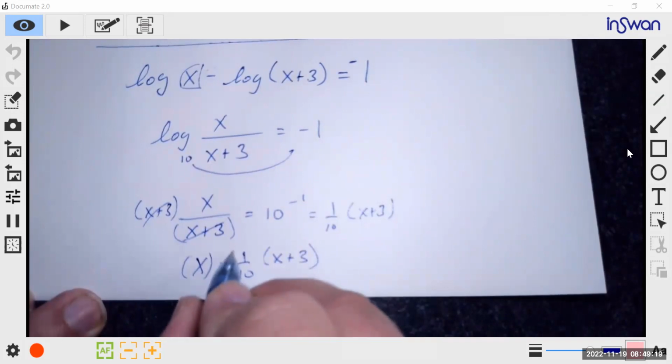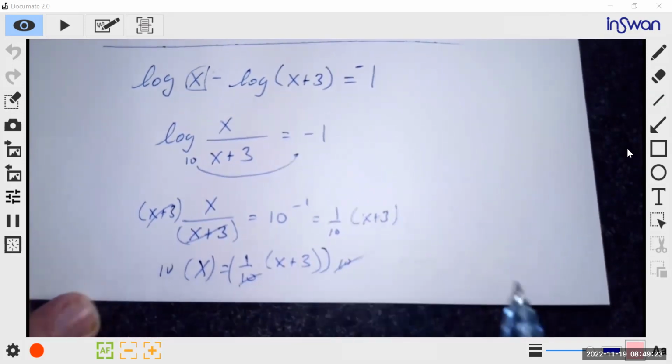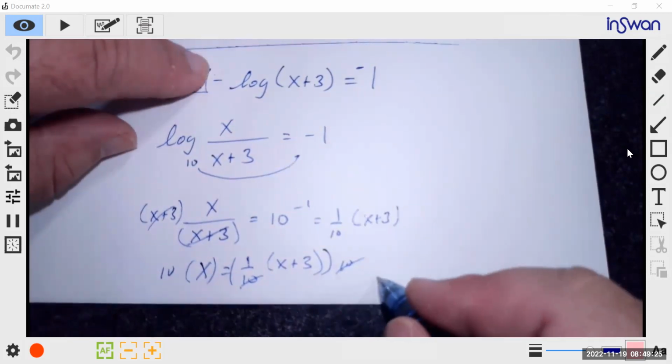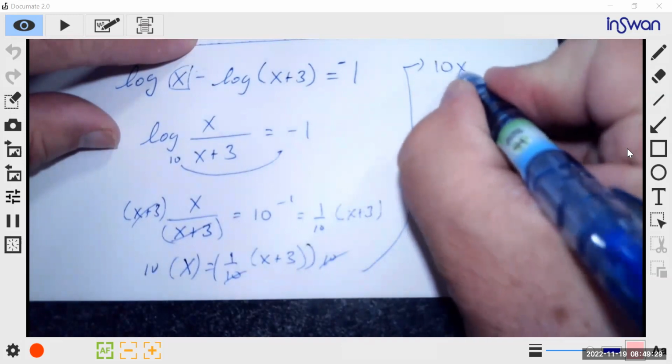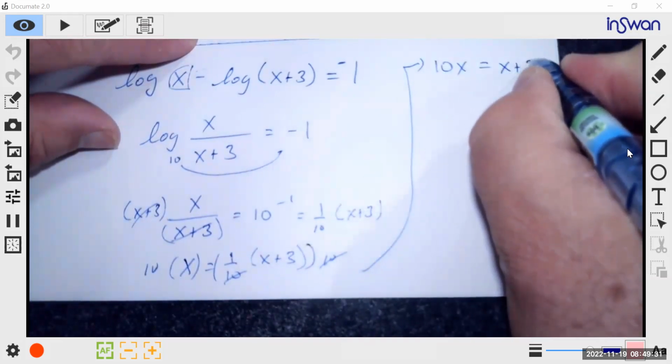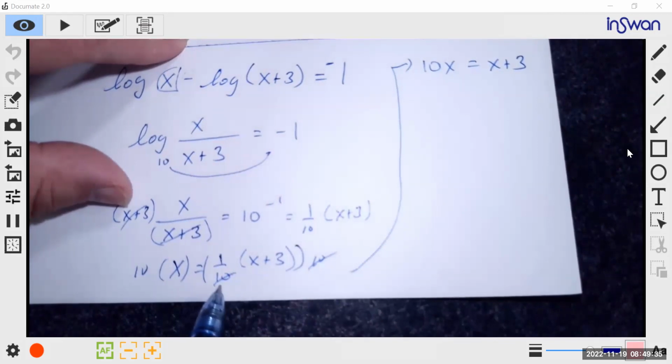Multiply both sides by 10. So what we have now is 10x equals x plus 3, because I multiply by 10, that cancels that out.